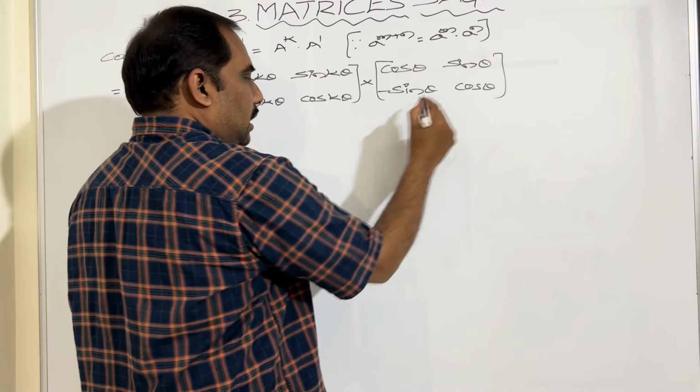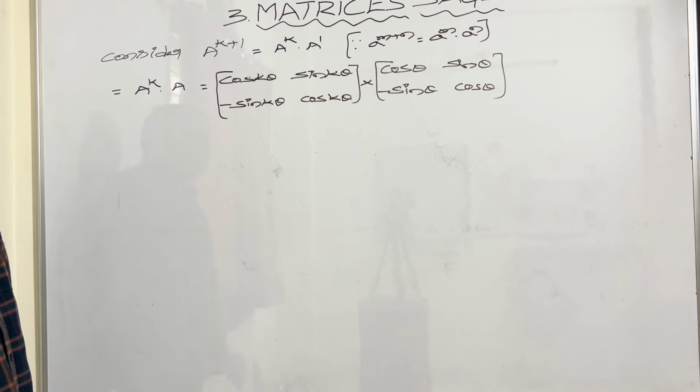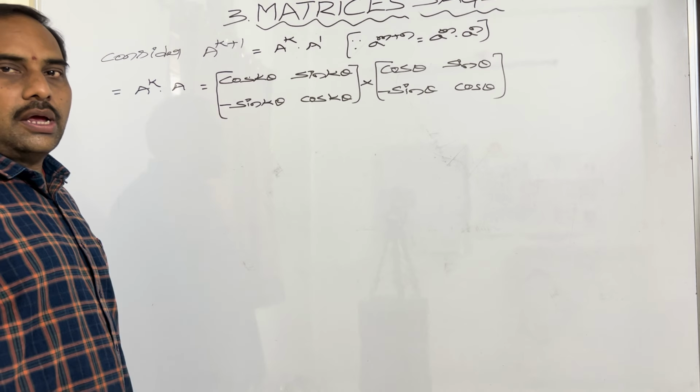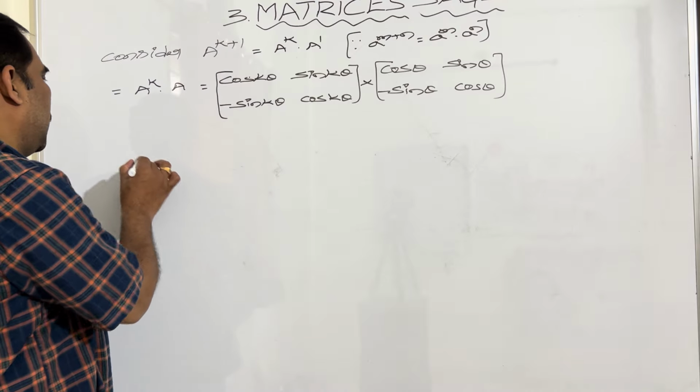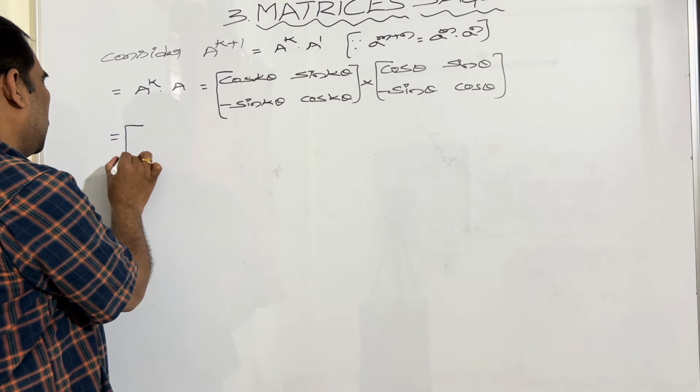So we have to multiply both matrices to prove that the statement is also true for n is equal to k plus 1.